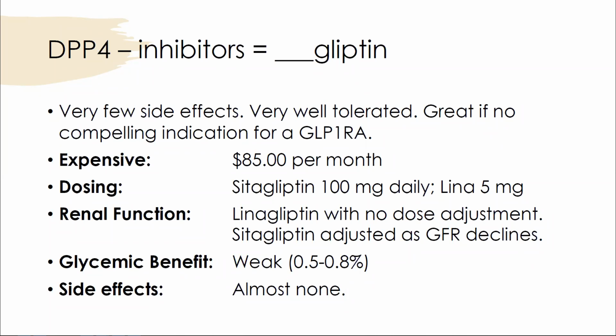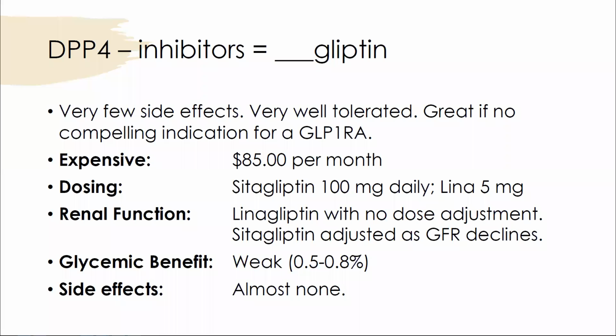The dosing, in my head, you really need to remember 2 DPP-4 inhibitors: sitagliptin, which is Januvia, 100 milligrams a day for almost everybody. Linagliptin, that's Tradjenta, 5 milligrams a day. And actually, as the renal function declines, you don't even need to change the Tradjenta dose. So that one is a good one that if somebody's getting a renal issue, you can put them on Tradjenta 5 milligrams, set it and forget it kind of a thing.